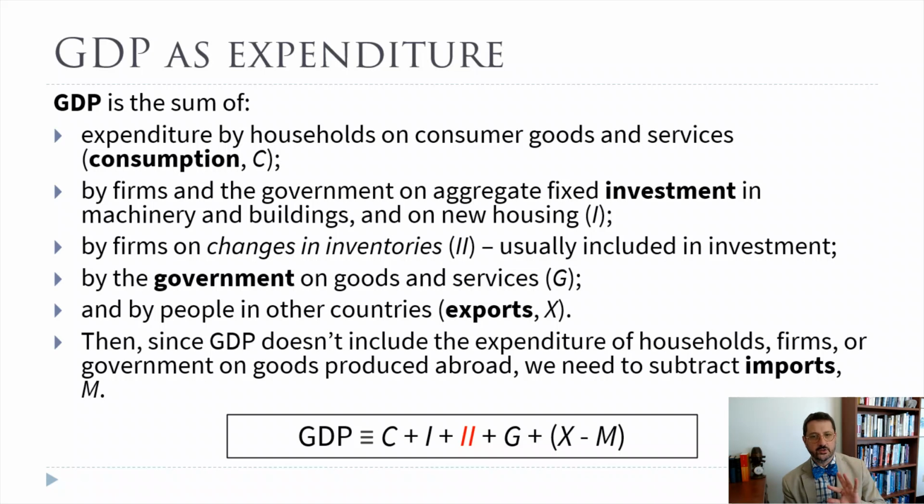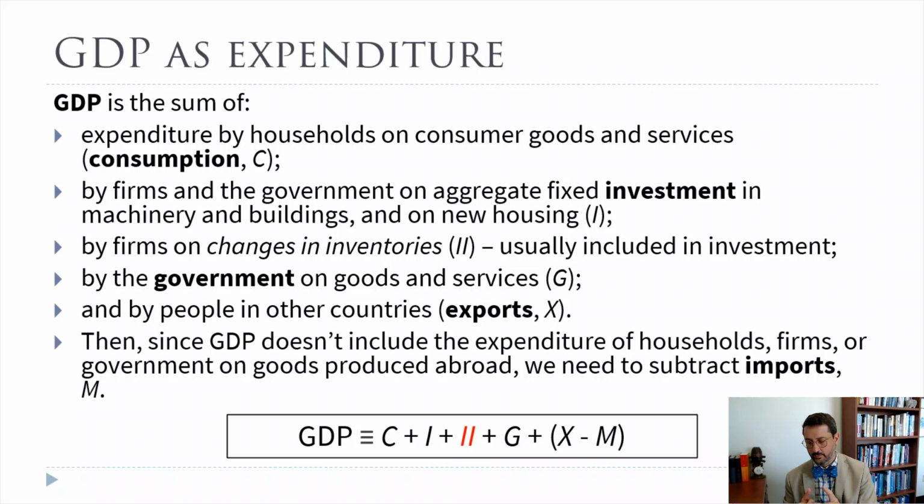So we can also now think of GDP as all the things that we buy, right? All of those final sales. And it's useful to divide it up into who is doing the buying. And so we can think about households that are buying consumer goods and services.